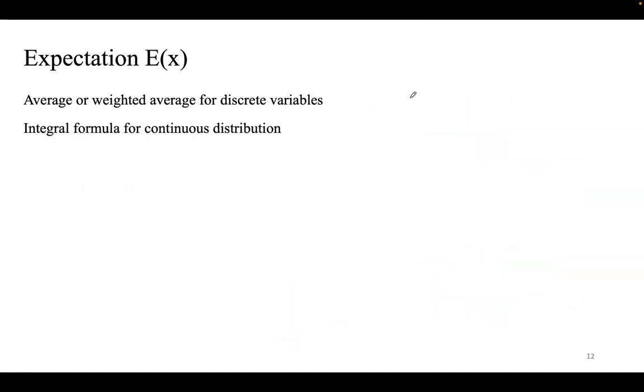Again, in the case of a dice roll, a simple example, the expectation: each of the numbers, like we discussed, can occur with similar probability, 1 by 6 for each of them. So the average is 3.5, right? If you multiply 1 with its probability, and then 2 with its probability, and so on, up to 6 with its probability, you will get 3.5.